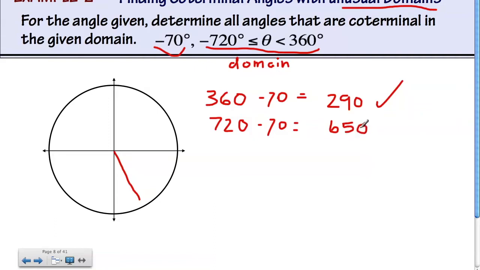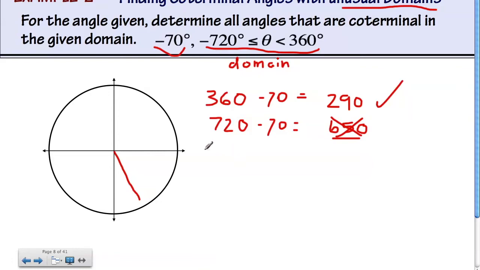Now this is a problem because if we look at our domain, 650 is beyond the 360 domain that they gave me. So this is not going to be an answer. So that means I have to go to the negative side now.